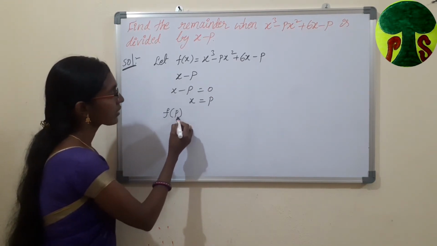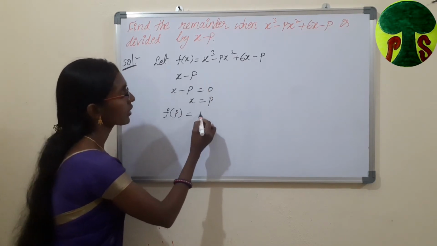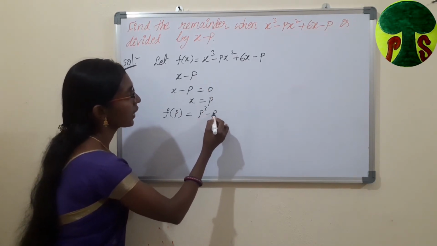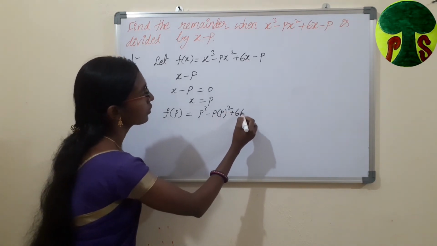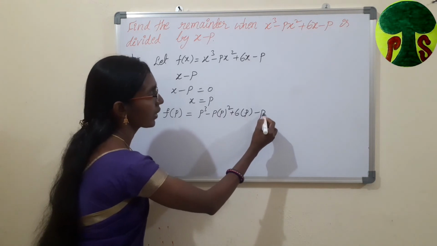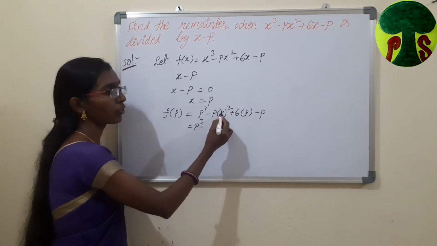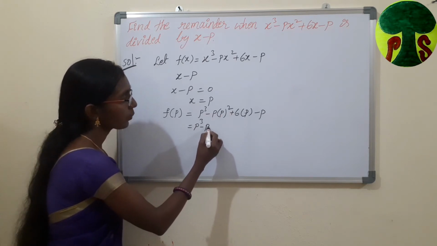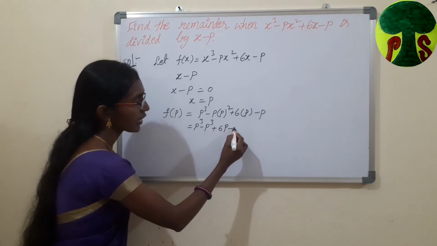F of p is equal to, in the place of x we have to write p, that is p cube minus p into p square plus 6 into p minus p, which is equal to p cube minus p into p square is p cube, plus 6 into p is 6p minus p.